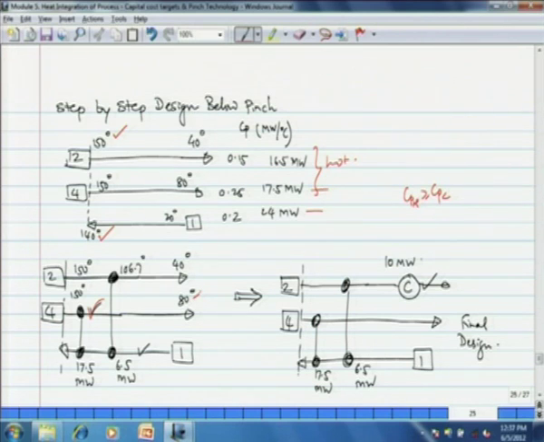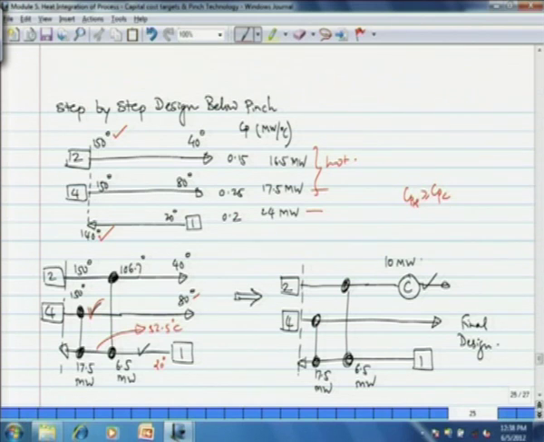The exit temperature of stream 1 as it comes out of the exchanger is 52.5 degrees centigrade, which you can easily calculate using the same way as before, as we explained for above pinch region.